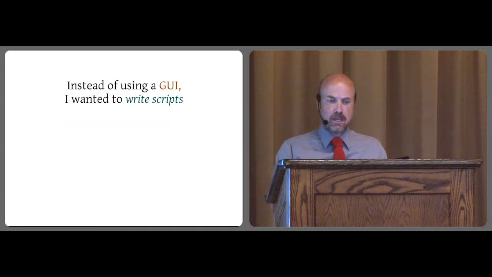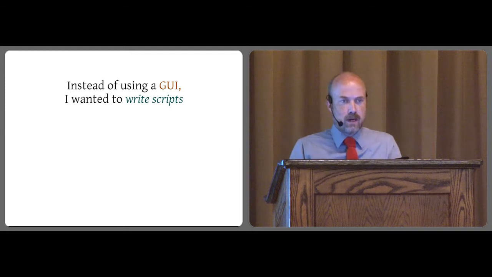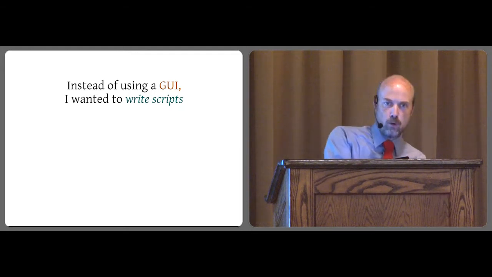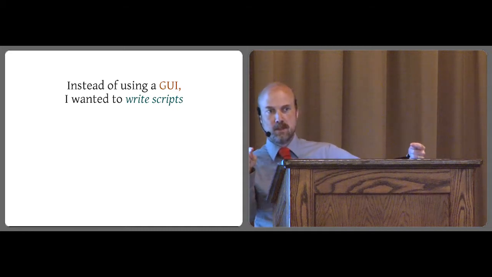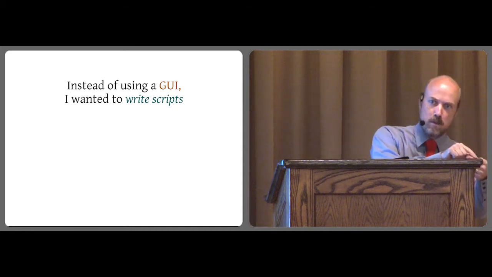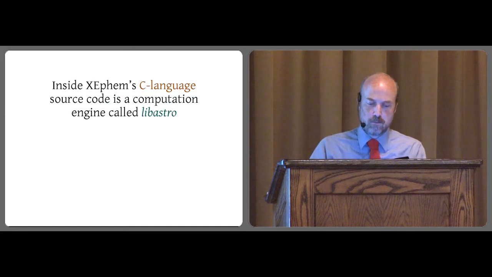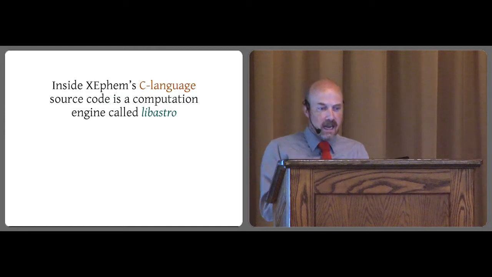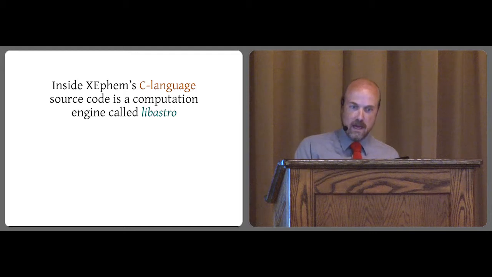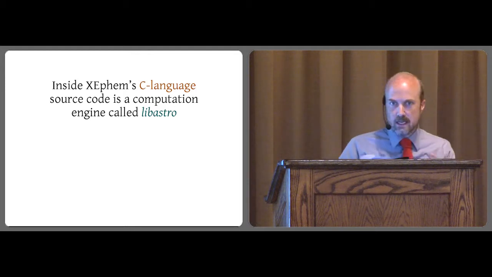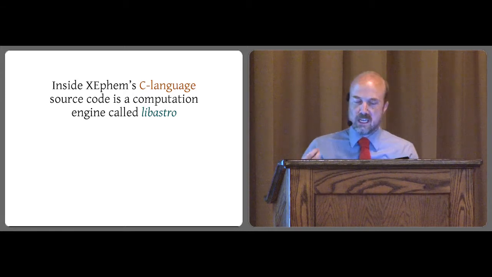But instead of using GUIs, I like to write scripts. It's more scalable to have a script rather than having to set up the GUI to March 1st and running 30 positions, and then setting it up at March 1st again if I need to adjust it. And I noted that inside of that source code I could download is a computational engine called libastro, sitting in a different directory than all of the Motif GUI code.